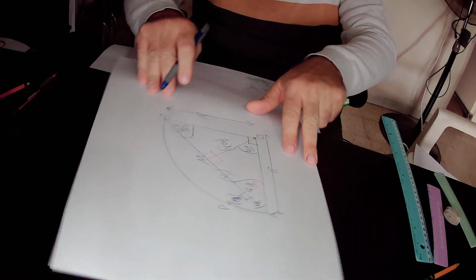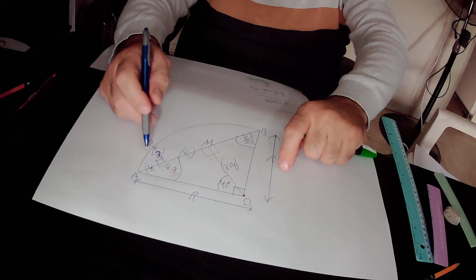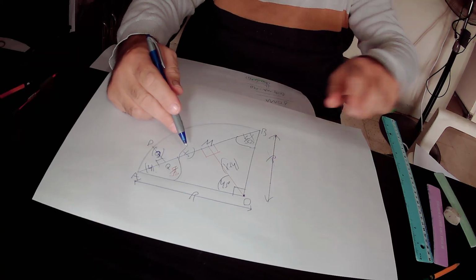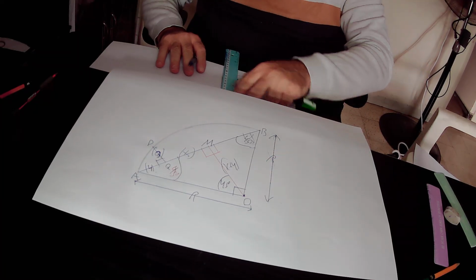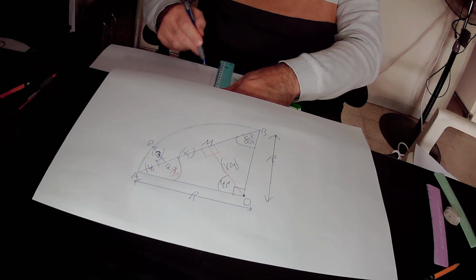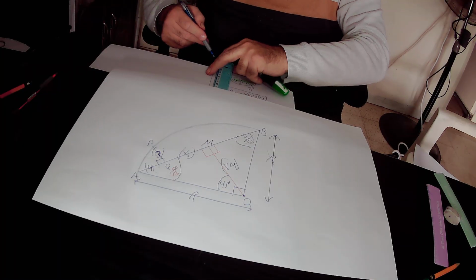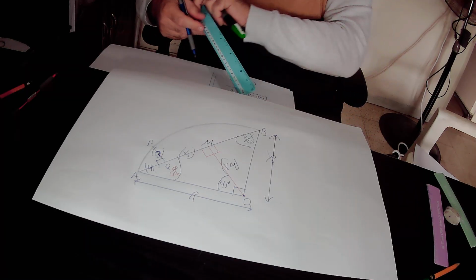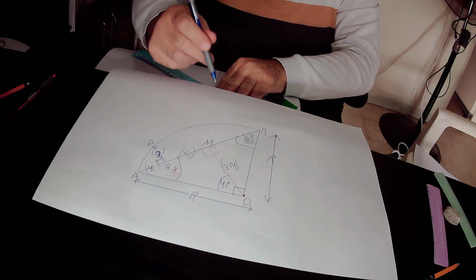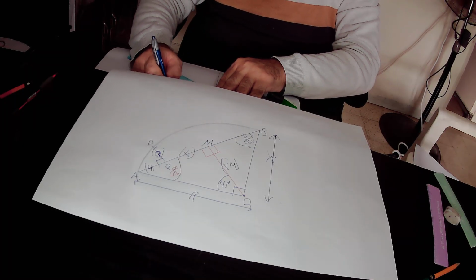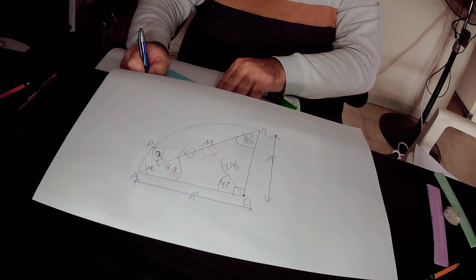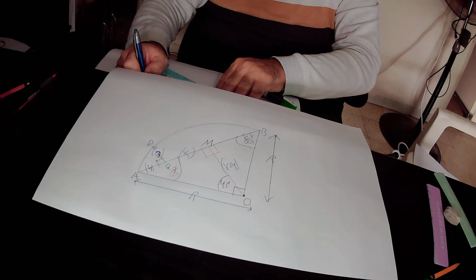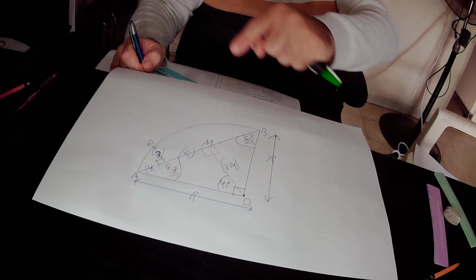In the next step, we will apply the Pythagoras theorem to this right triangle AMO. According to the Pythagoras theorem, in any right triangle, the square of the hypotenuse equals the sum of the squares of the perpendicular sides.